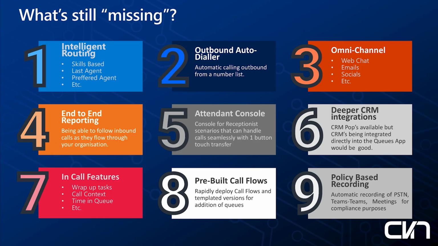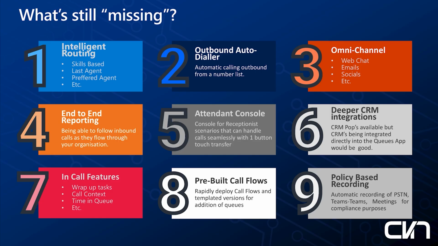Intelligent-based routing. Right now, because it's call queues on the back end, we have the attendant routing, serial routing, presence-based routing and round robin that you would expect with Teams call queues. It would be nice if we had some more intelligent routing: skills-based, last agent, preferred agent, that sort of thing.